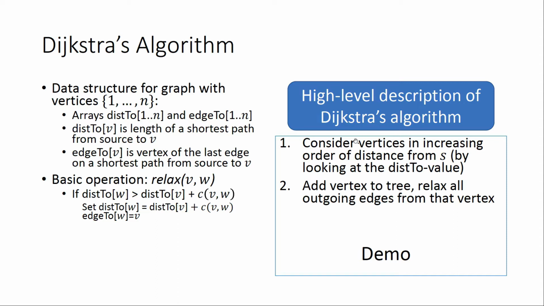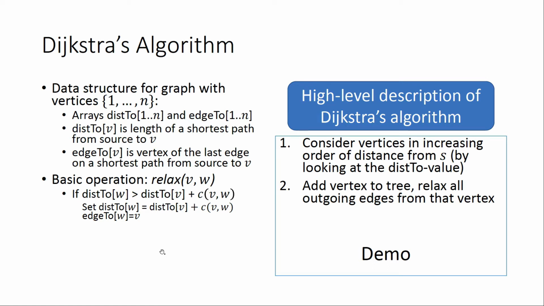The order in which you add nodes is increasing distance from our source. When we add a new vertex to our tree, all we do is take our node, look at all the outgoing edges, and use this relaxation operation on those. And that's all we do in rounds.